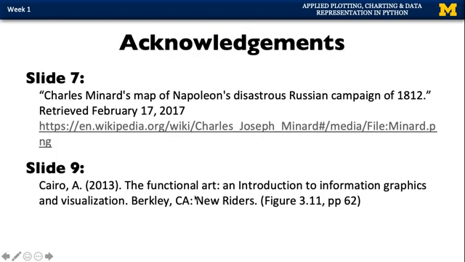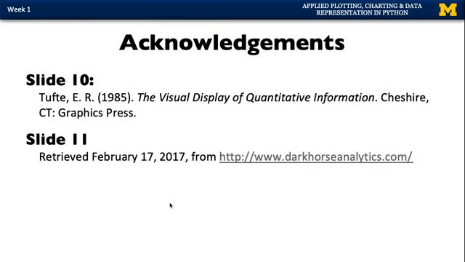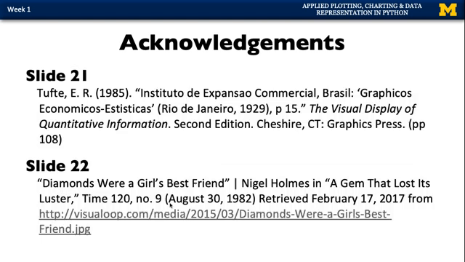And this is slide number 9, The Functional Art: An Introduction to Information Graphics and Visualization. It's also interesting to read. And slide number 10, The Visual Display of Quantitative Information. It's another book. And this is slide number 11, information taken from a website.